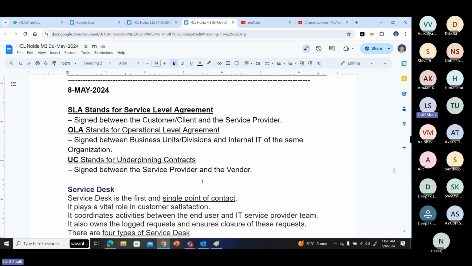So that is like a signed contract between the service provider and the vendor. He's going to supply the required backend support, like internet connectivity, switches, routers, this kind of stuff. Laptops, desktops, operating systems.